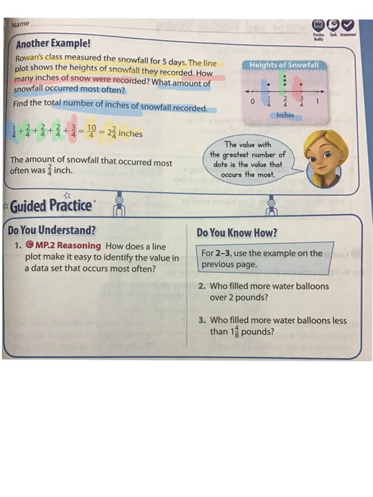So with these problems, you really need to read and figure out what the question is asking. And think about it before you make an answer. All right, number one, how does a line plot make it easy to identify the value in a data set that occurs most often? Well, it's easier because you can visually see it.